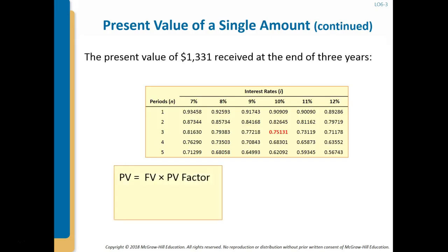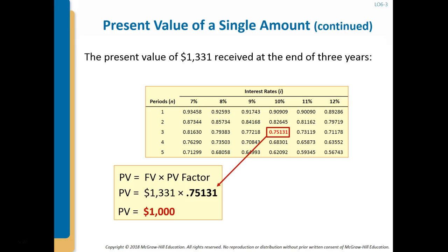As with future value, these computations get simplified by using calculators, Excel, or present value tables. Table 2, the present value of $1, provides the solutions of 1 divided by (1 + i) to the nth power for various interest rates, i, and compounding periods, n.